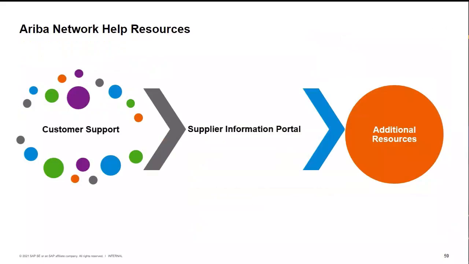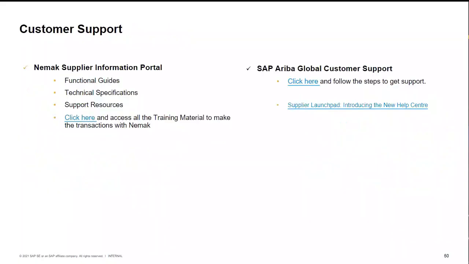The last topic in our agenda is going to be the Ariba Network help resources. There are two specific options for customer support. One is the Nemak Supplier Information Portal, which is a portal designed specifically for Nemak suppliers that will contain functional guides, technical specifications, support resources, and all the training material in order to transact with Nemak.